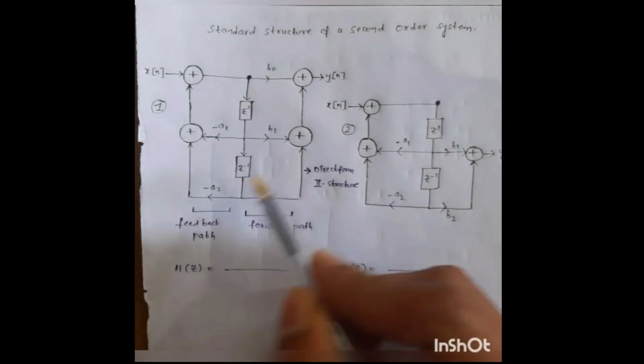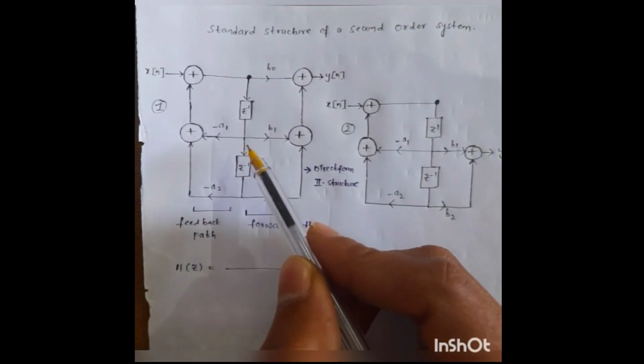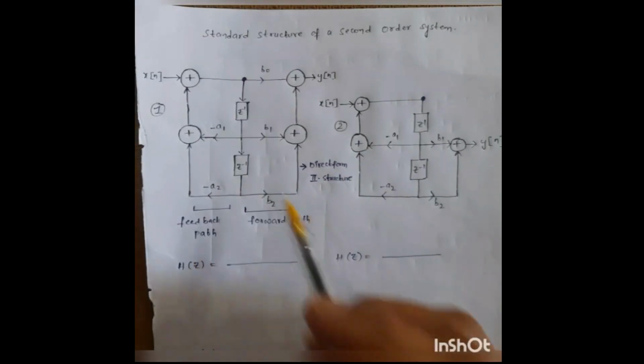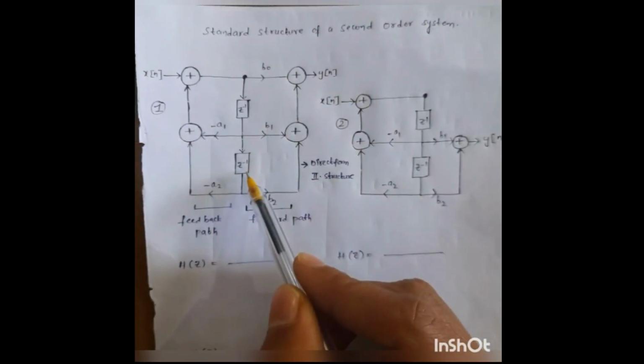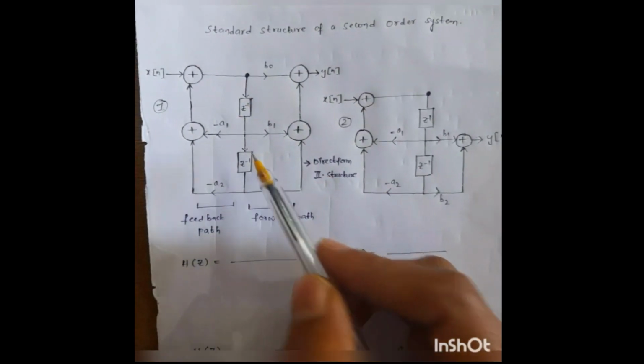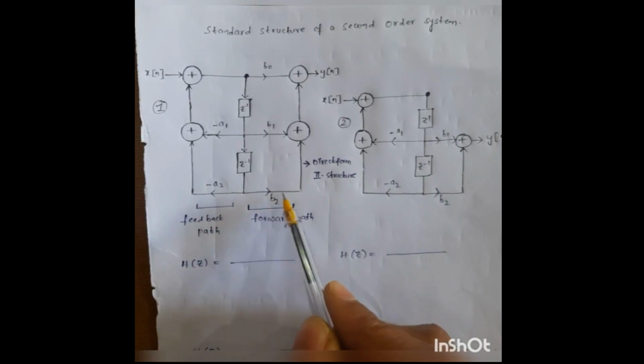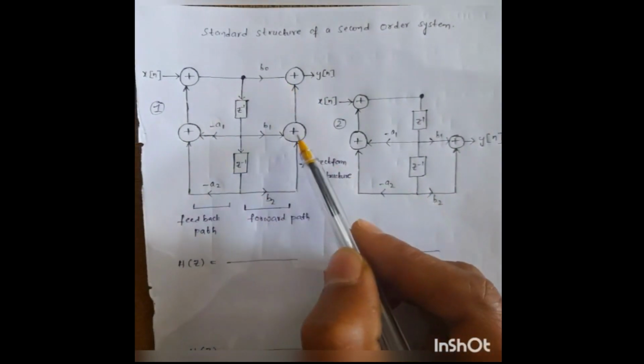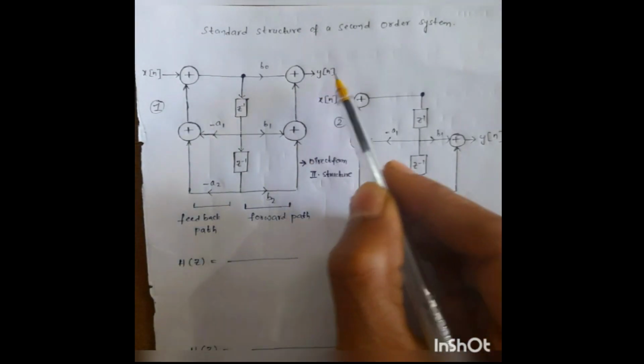See this structure? This is one of the standard structures of a second order system. Here z inverse and here z inverse are in the middle, and the paths that are heading towards the output, this B0 path, B1 path and B2 path, these are heading towards the output.